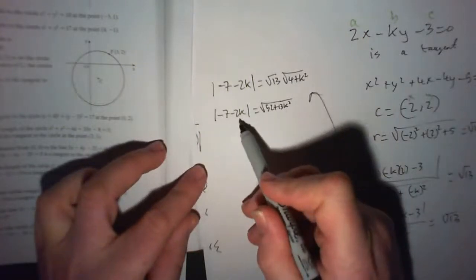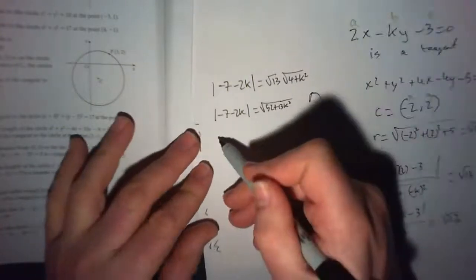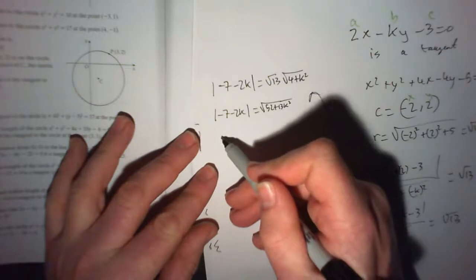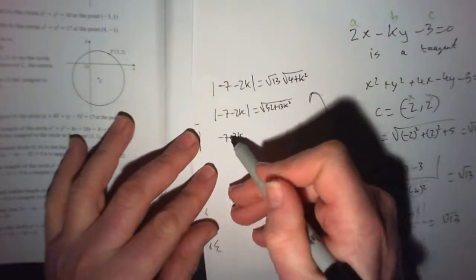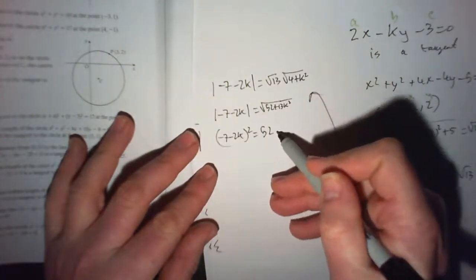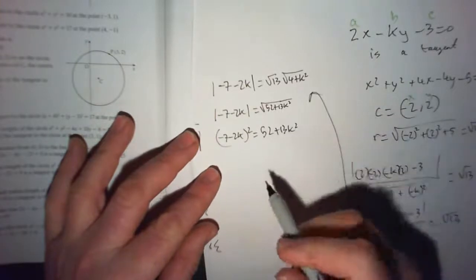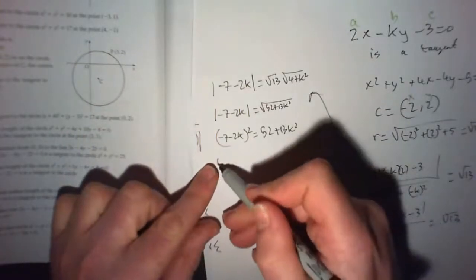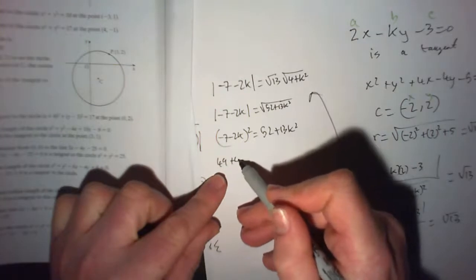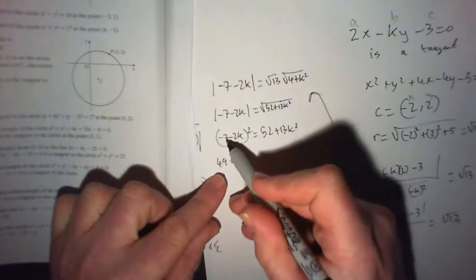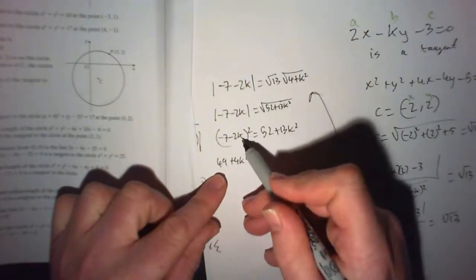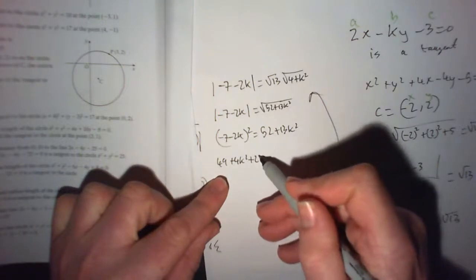Now, you know what to do here. Absolute values, square both sides. So that's going to be minus 7 minus 2k squared is equal to 52 plus 13k squared. Okay, let's tidy this up. Square the left, square the right, multiply them together. That's 14k and double it, that's 28k.